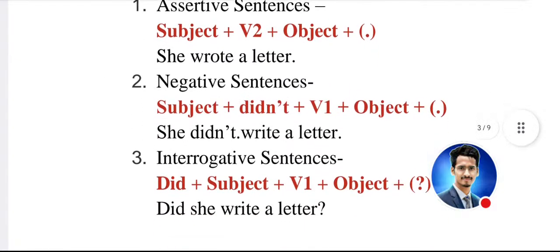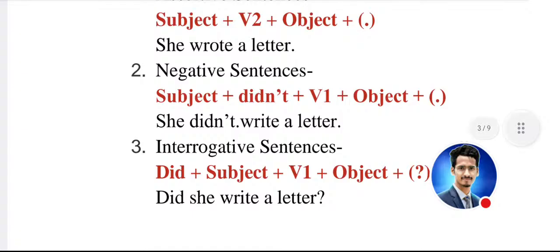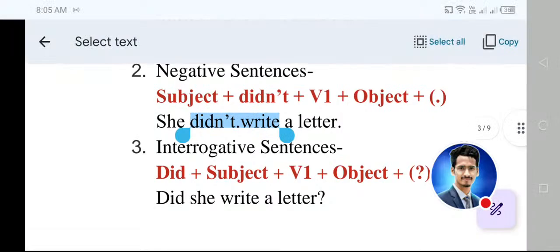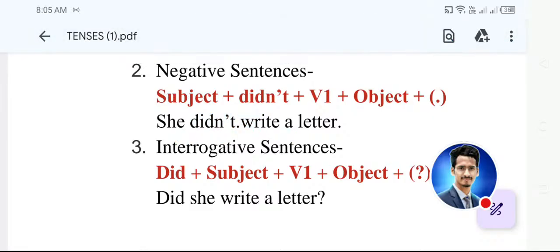So you can see assertive rules. She wrote a letter. Negative, she didn't write a letter. For using didn't, here I use write. Why write? Because if I use did, does, do, these three words, in any sentence, then the verb form must be present form, which is v1.